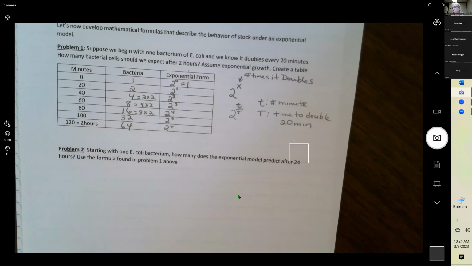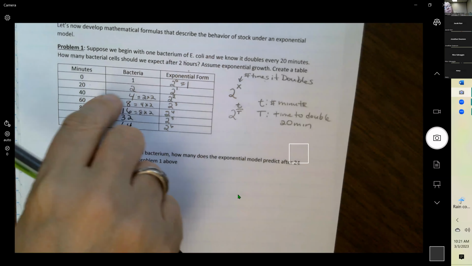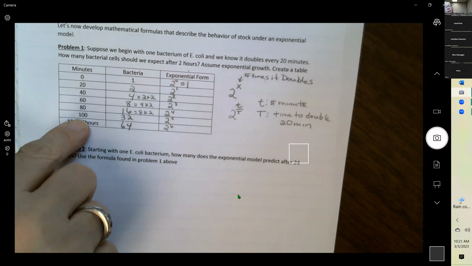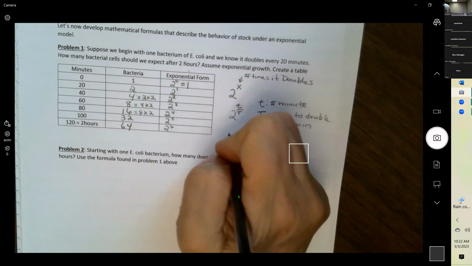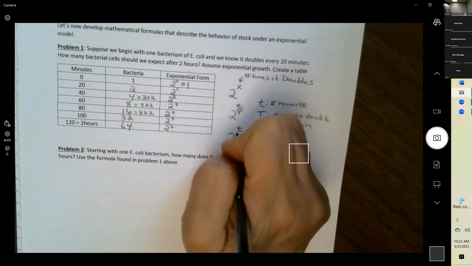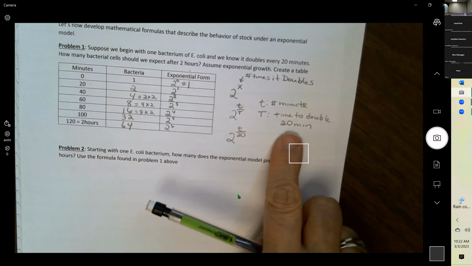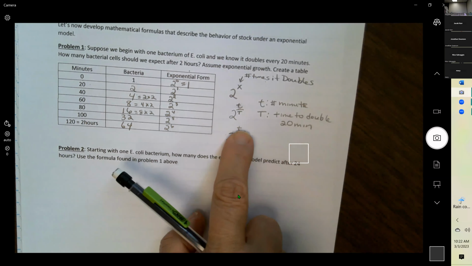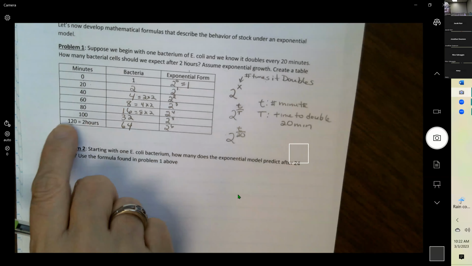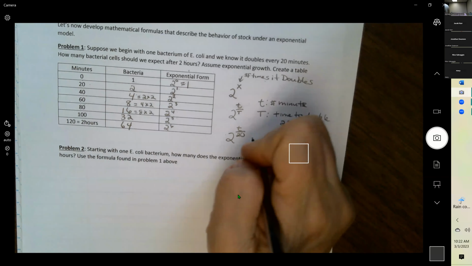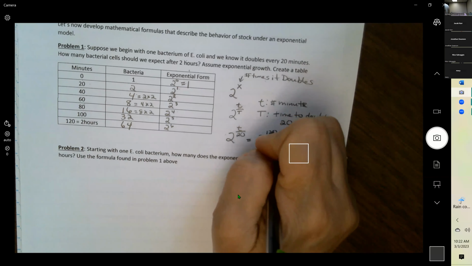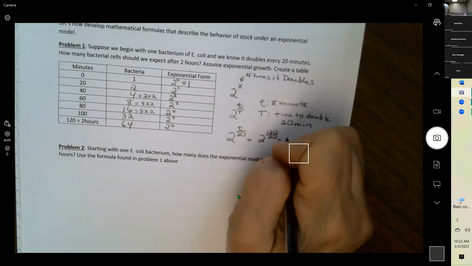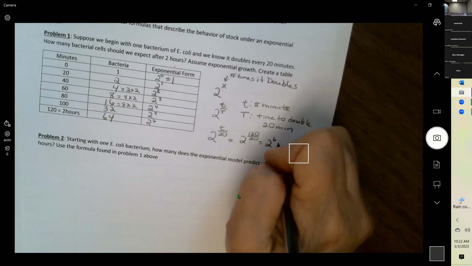So it depends on which way you want to think about it. If you're thinking about how many times it's doubling, you can use this one. For this problem, it might be easier to put the time. So then our formula would be t divided by 20, because we know our doubling time is 20 minutes. So if we just put the total time here, notice for this last one, 120. 120 divided by 20 is 6, and 2 to the 6th is 64.